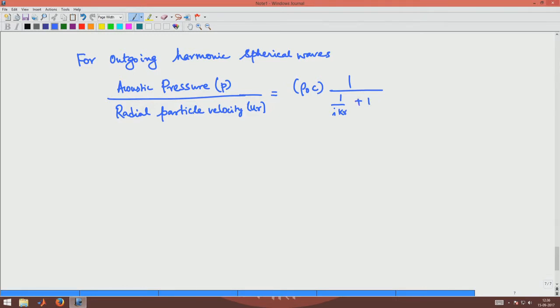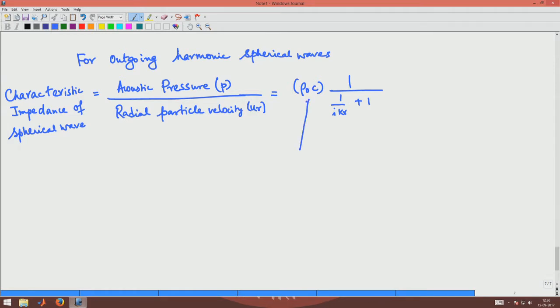We identified this sort of quantity, pressure by velocity, in our earlier analysis as impedance. So, we will call this quantity the characteristic impedance of the spherical wave, and that turns out to be rho 0 c multiplied by this quantity.